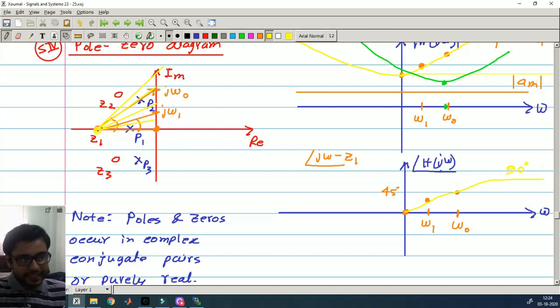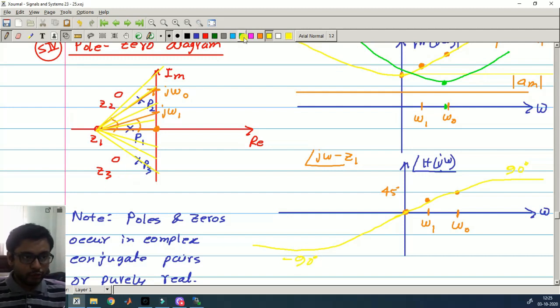Now in the negative side, when you decrease omega, the angle also becomes negative and it keeps decreasing, and in the extreme case for omega tending to minus infinity, the angle will be minus 90 degree. So this plot will be like this, going to minus 90 degree.